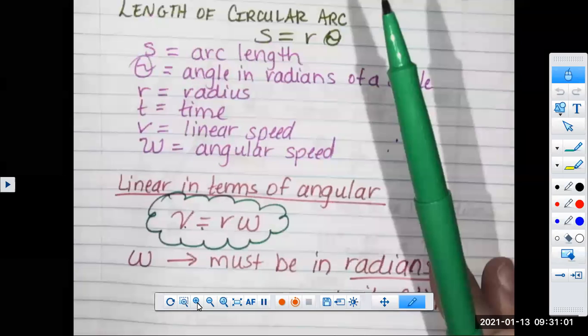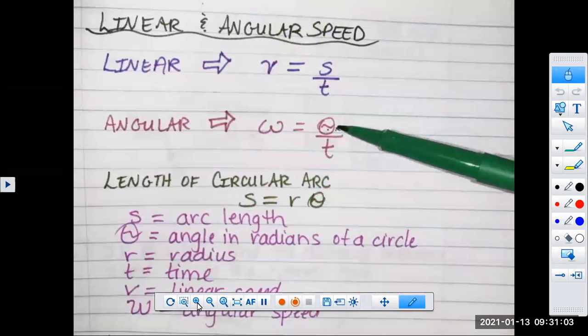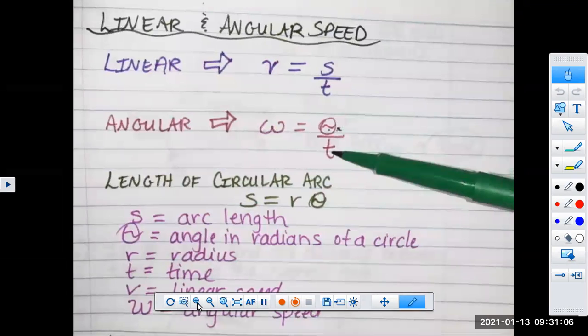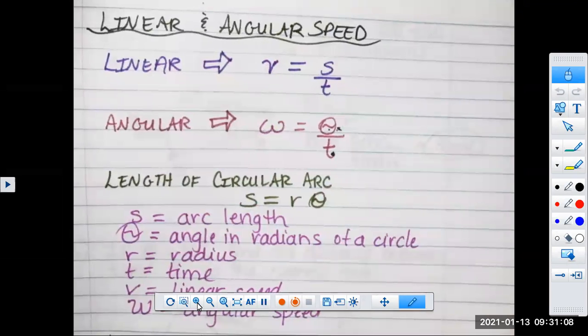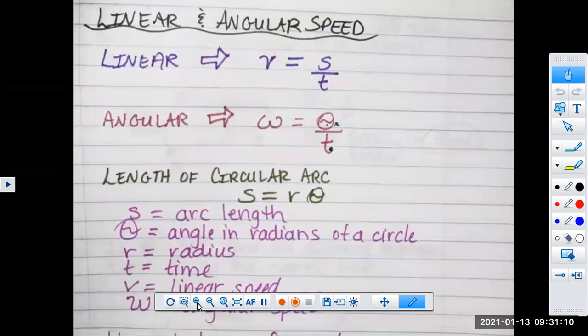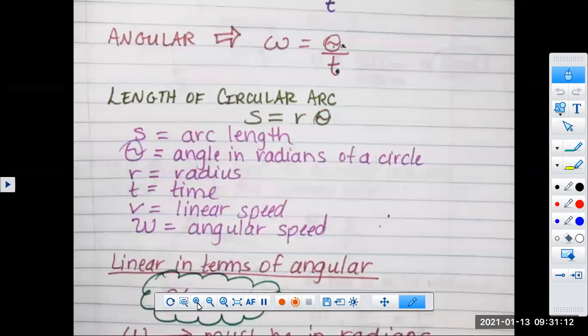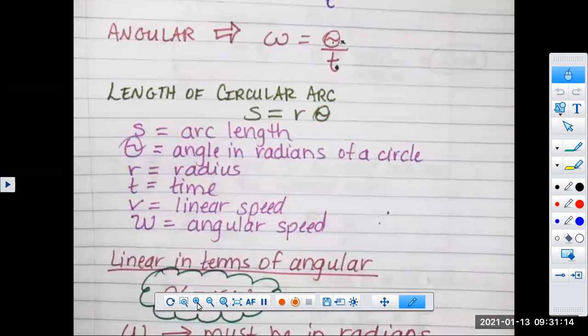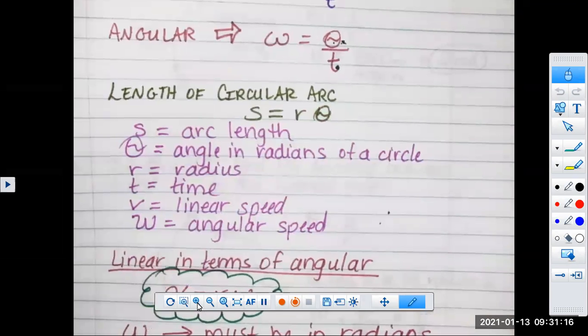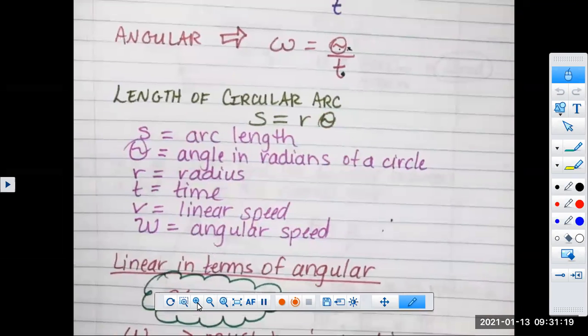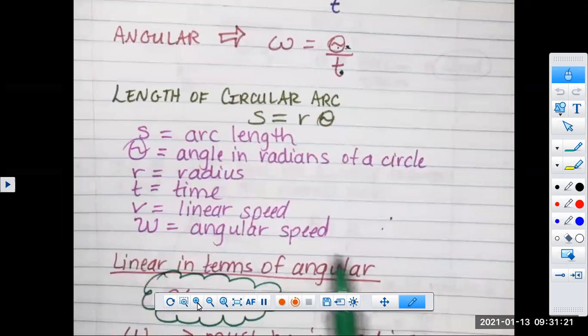But you have to find your angular speed by saying theta divided by time. And this, of course, is just telling you what all of them stand for. Theta is angle in radians, T is time, V is linear speed, W is angular speed, all of that.